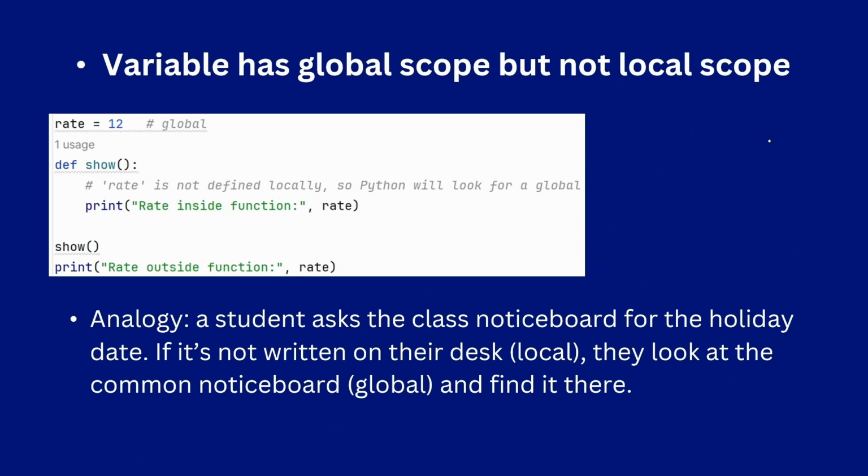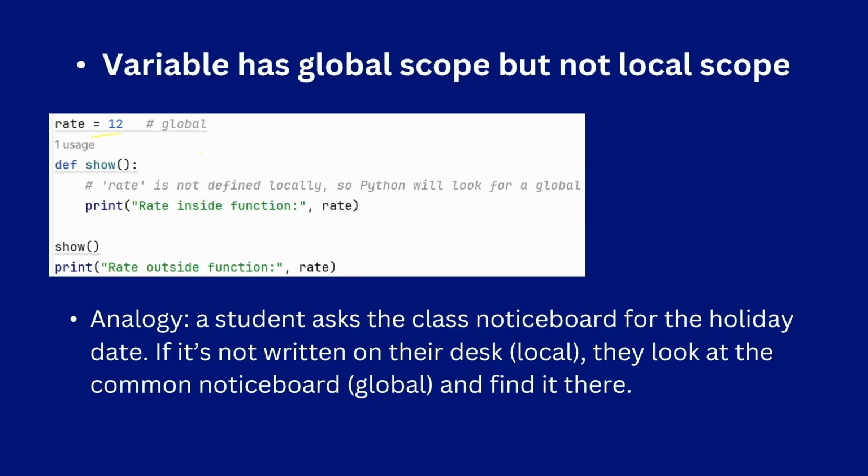So the next topic is a variable that has global scope but not local scope. What does that mean? Here we see this rate is a global variable. Inside this function, when we're using this variable rate, it is not defined locally, but Python will look in the global space.